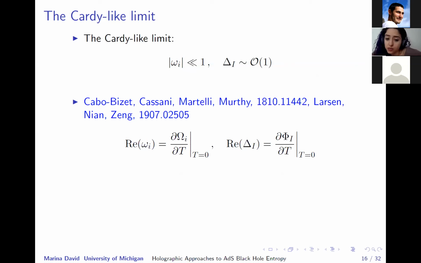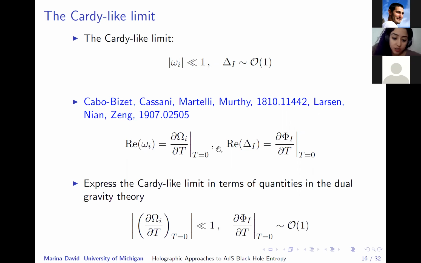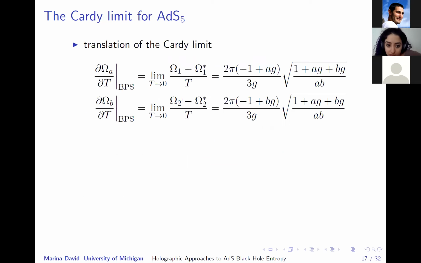So now that we have a corresponding relation between the CFT parameter and the AdS parameter, we can try to find a corresponding Cardy-like limit on the gravity side. So we'll do just that. When we translate the Cardy-like limit, we'll impose the value of omega, and we'll then take the temperature to 0, and we'll find this constraint here.